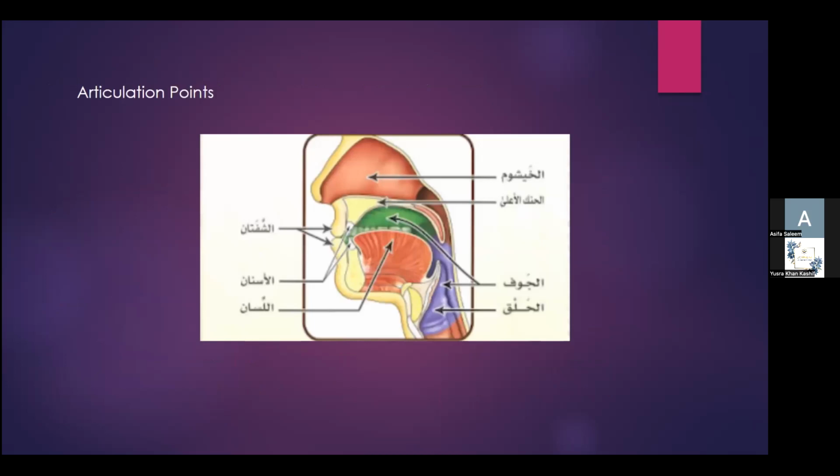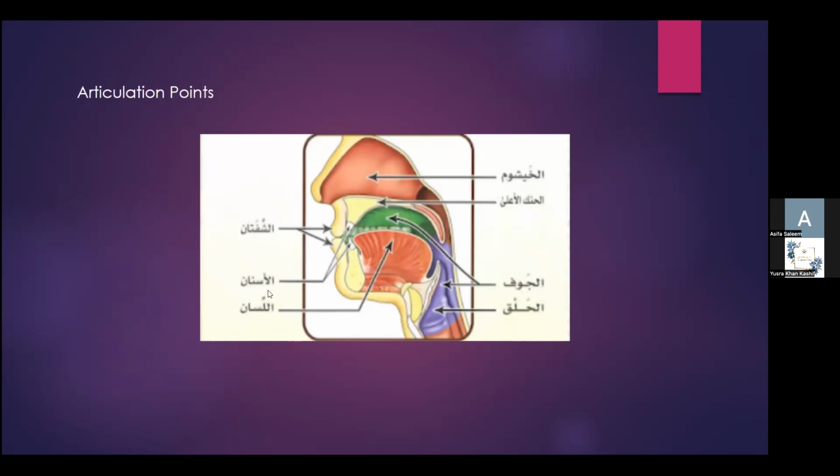This is an image showing that through these arrows it indicates that this is Al-Khayshum, meaning the nasal cavity. Al-Jawf, we have 2 arrows indicating the empty space of the throat and the mouth. Al-Halq is just this part, which is the throat. Ash-Shafatan means the 2 lips.